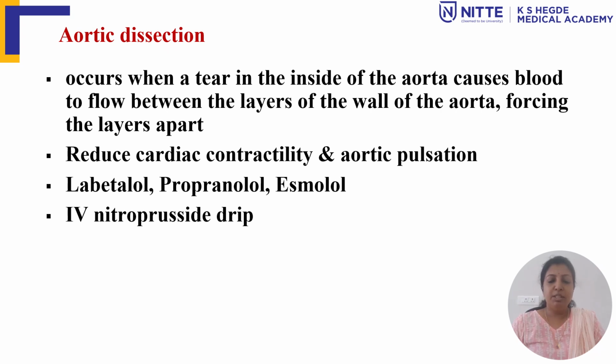Beta blockers like labetalol, propranolol or esmolol can be given intravenously or orally. IV nitroprusside drip can also be given. Labetalol, when given IV, has a dual effect of decreasing the blood pressure and also the cardiac contractility. If beta blockers cannot be used, you can always go for calcium channel blockers.